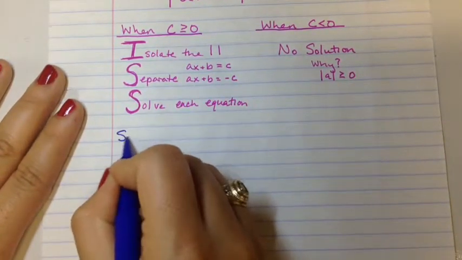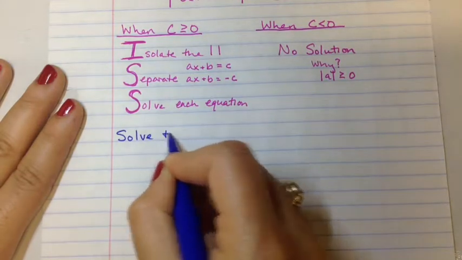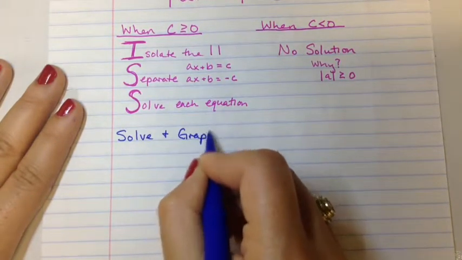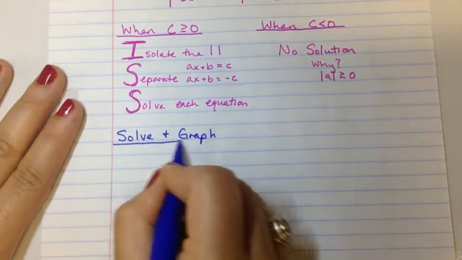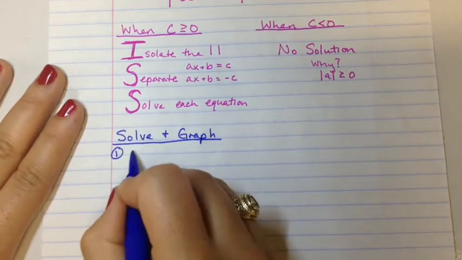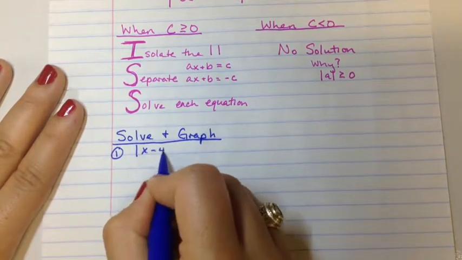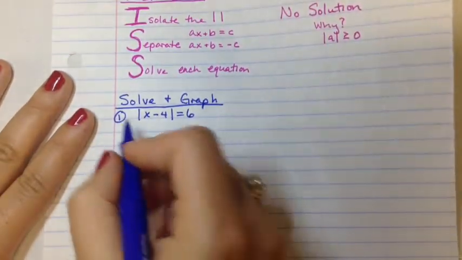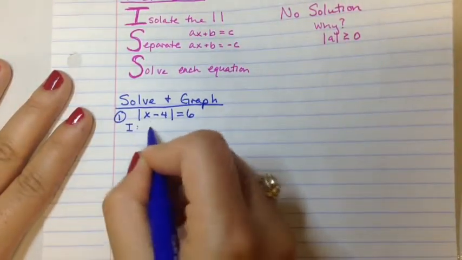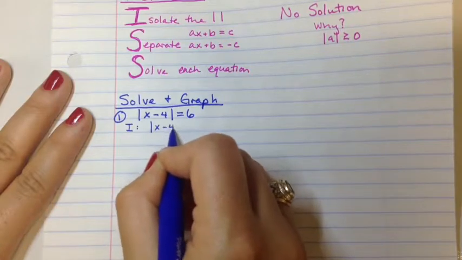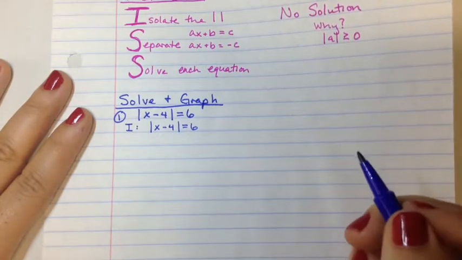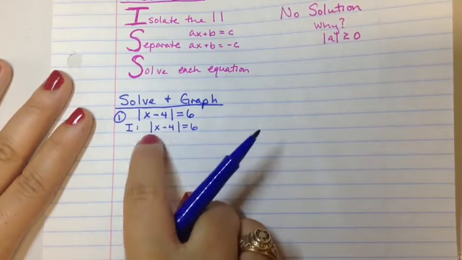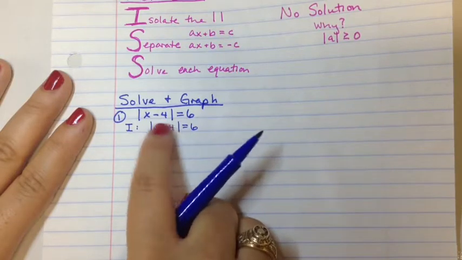The instructions will ask you to solve and graph. We have the absolute value of x minus 4 equal to 6. We want to isolate the absolute value. Right away, this is already done with the I step. Right now, the absolute value bars are the only thing on their side.